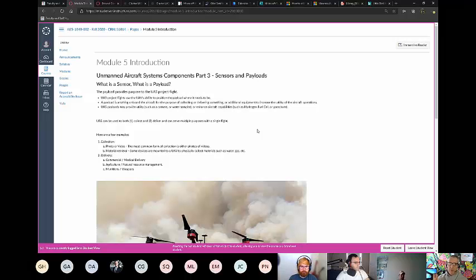So we have a UAS project, a UAS mission flight, and we're going to fly the aircraft to conduct that mission. That's what I would call a project flight. Anytime we are conducting a project flight, we're going to be using some payload to complete that mission. So the payload is really what provides purpose to that UAS project flight.